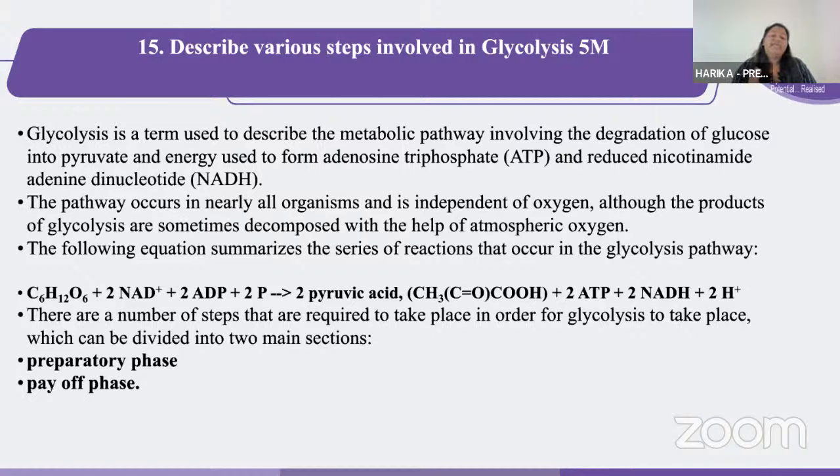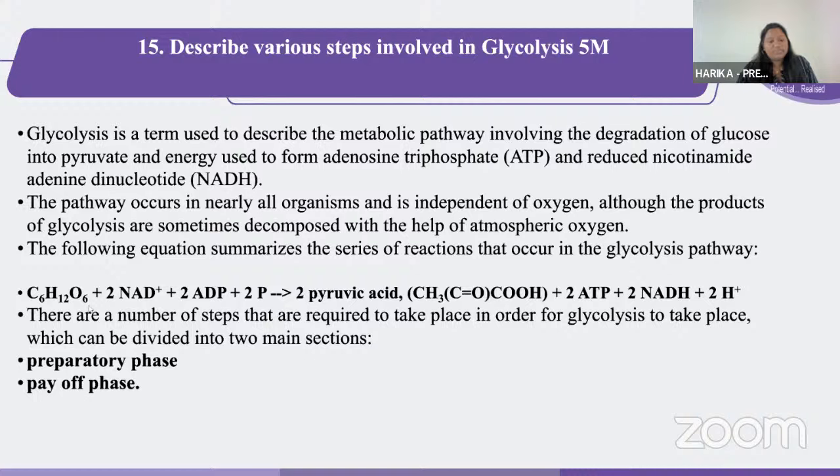With the usage of ATP and NADH, our glucose is getting converted into pyruvate. This pathway occurs in all organisms, and most importantly, it does not require oxygen, although sometimes a tiny amount of atmospheric oxygen may be needed. So let us see the equation which explains the series of reactions occurring in the glycolysis pathway.